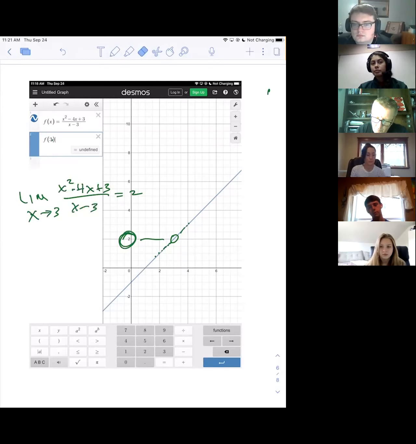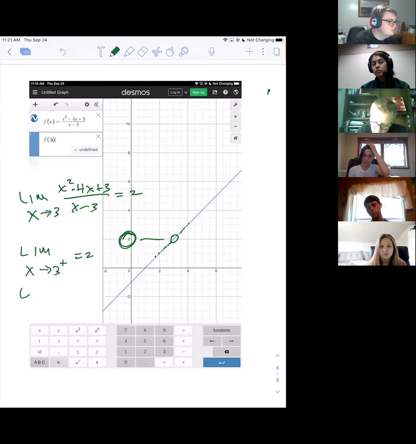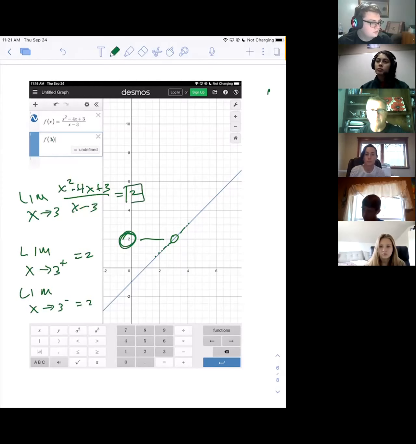So I could say the limit of this expression as x gets close to 3 from the high side is 2, and the limit as x gets close to 3 from the low side is 2. Therefore, it's 2. Yet when you put 3 in, there's a hole there and it breaks. Does that make sense? That's why that exists. So that's just some of the theory.